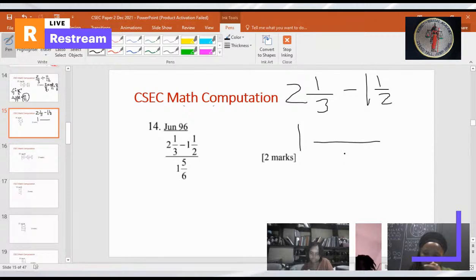Now, miss, you find the LCM of 3 and 2, which is 6. And 3 into 6 goes 2 times. So at the top, 1 times 2 is 2.